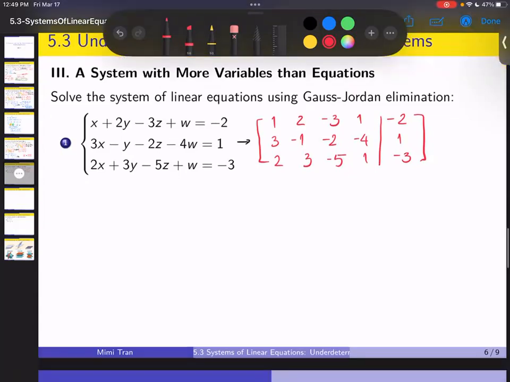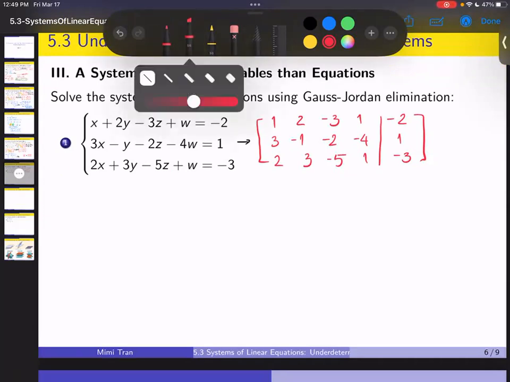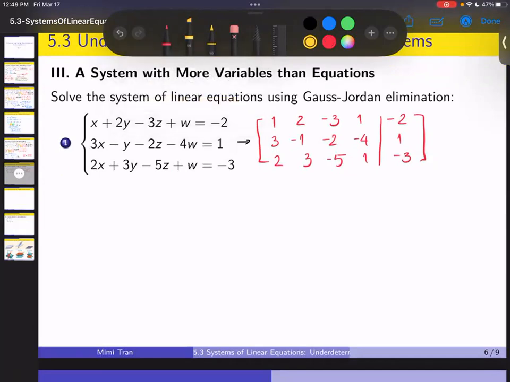All right, let's do this. Gauss-Jordan elimination. Diagonal. There's no correct diagonal, but I'm gonna make one regardless. I know, looks weird. So eliminate 3.